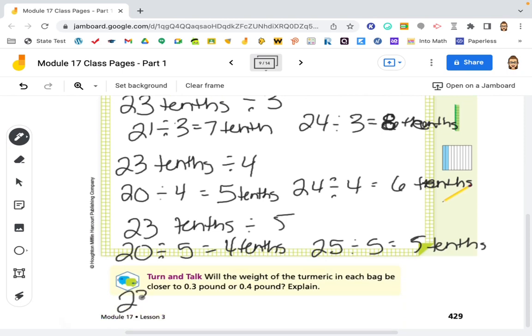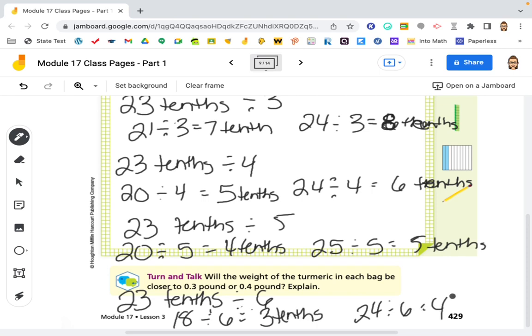So 23/10 divided by 6. That would be 18 divided by 6 and 24 divided by 6. That would give us 3/10 and 4/10. So we would want 6 equal bags.